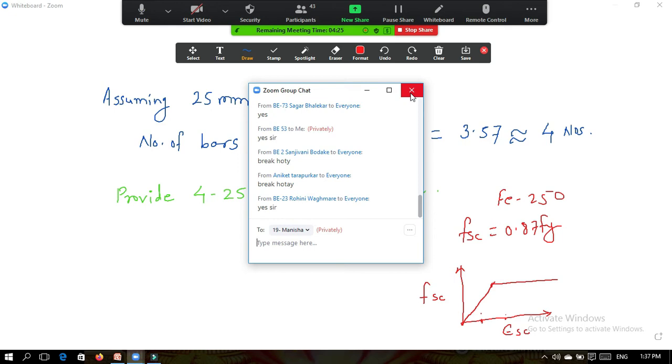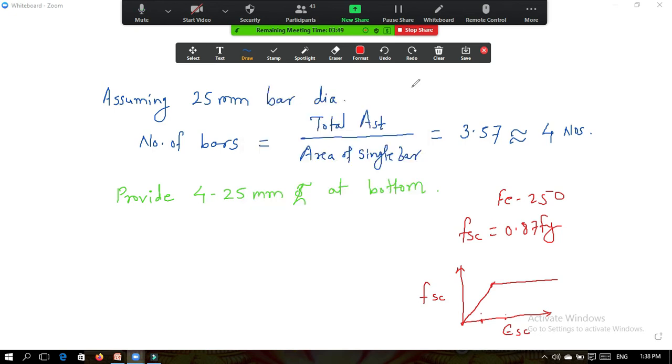Roll number 23 is saying yes, the voice is clear. So we will disconnect and reconnect the meeting so that you get clear voice. Let us wait for 2-3 minutes, and if the same problem is there, then we will disconnect and reconnect.